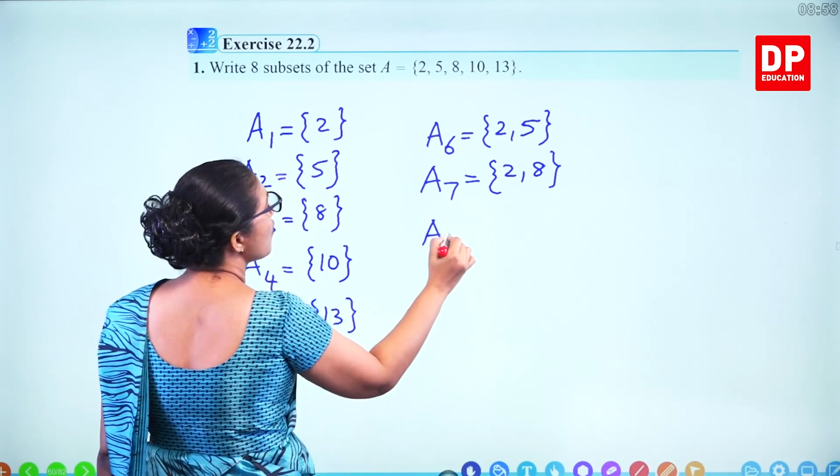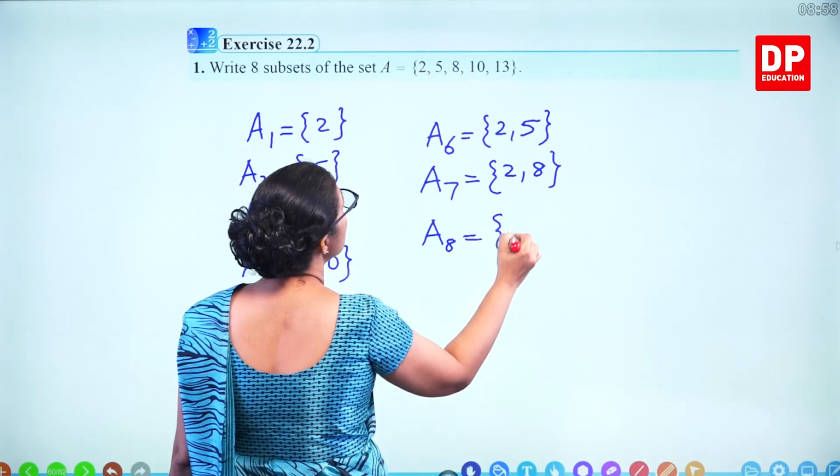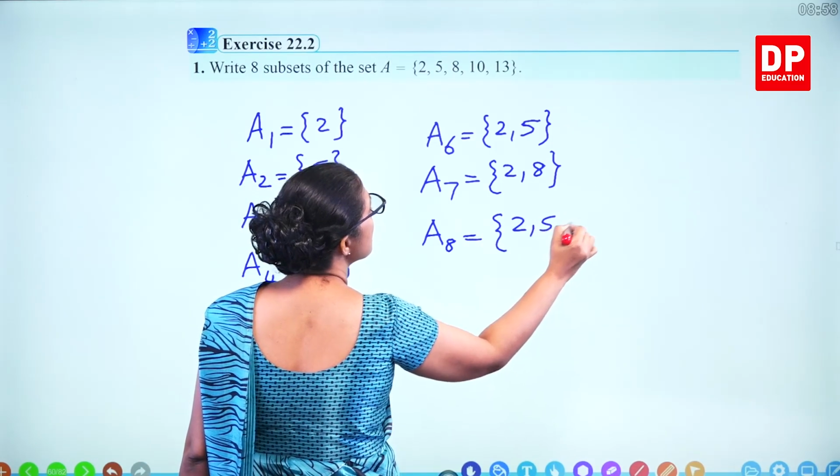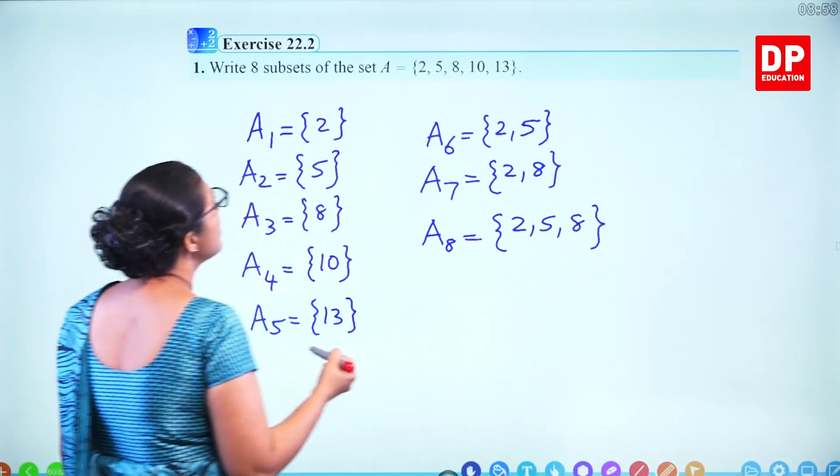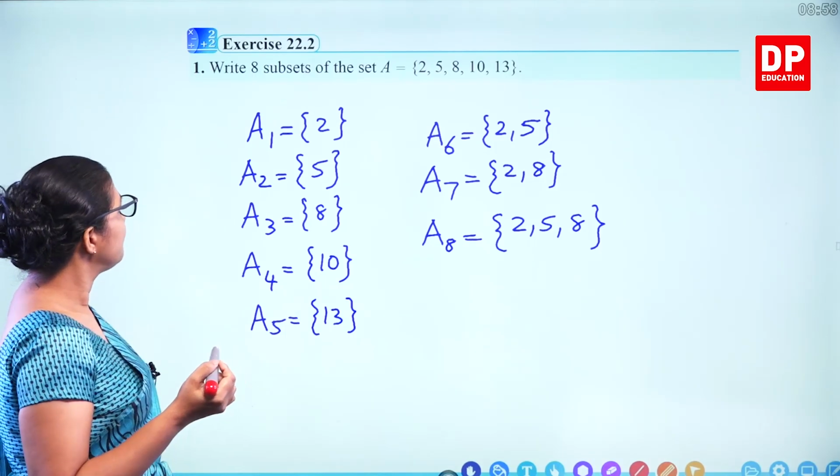You don't need to write all, so I can write 3 digits, {2, 5, 8}. So any 8 subsets.